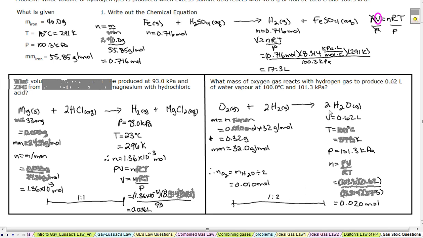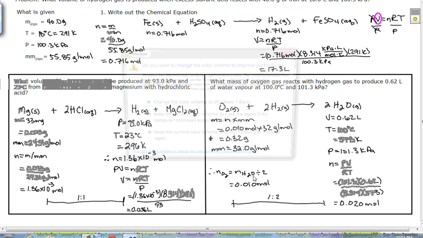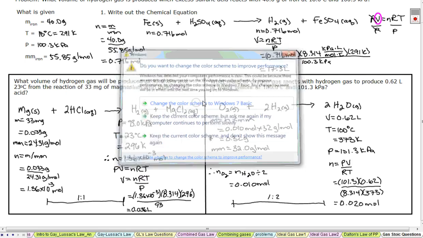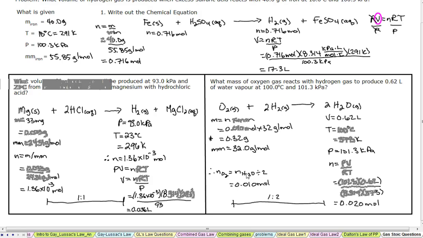So we know that the molar ratio between the water vapor and the oxygen is 2 to 1. So that means there'll be half the number of moles.